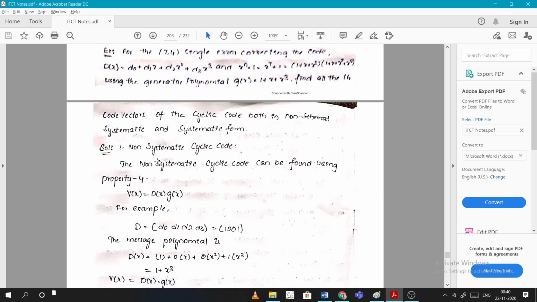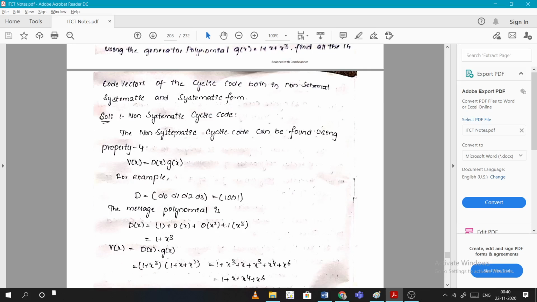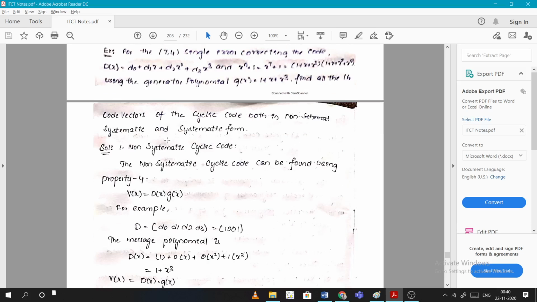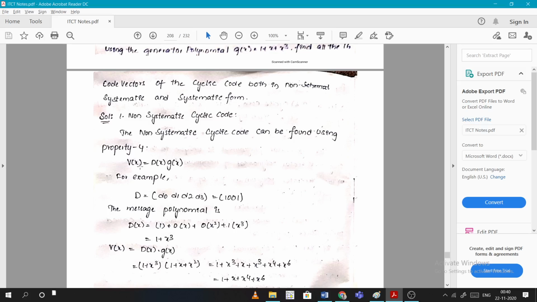That's it. Now in an example, they have given a generator polynomial 1 plus x plus x cube, and a (7,4) code. We know what we have to do: v of x equals d of x into g of x. They have given the data as 1 0 0 1.